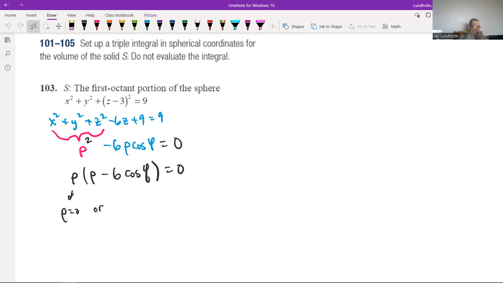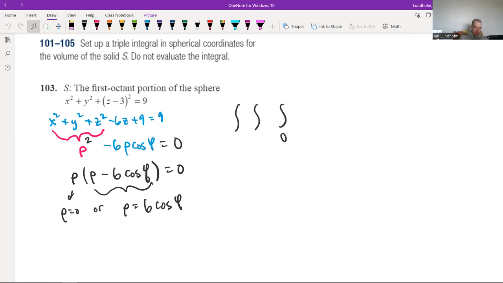So that second part, rho would be equal to 6 cosine phi. So those would be bounds on rho. Cool. Let's go ahead and start making the triple integral.